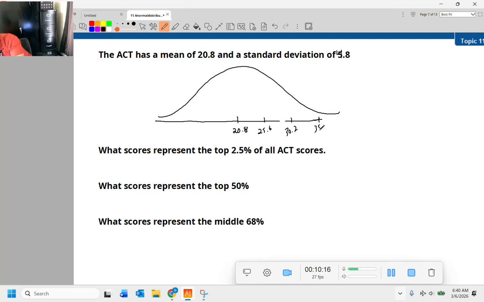This makes a lot more sense. Not a whole lot of kids make above 35, and very few do. All right, if we take away 4.8, I think that's a 16. If we do it again, I think that's an 11.2. And we got to do it one more time. Of course, there are kids that make below an 11. Those poor things. So I'm at 7.2, 6.4.